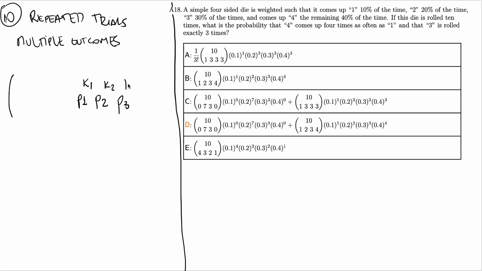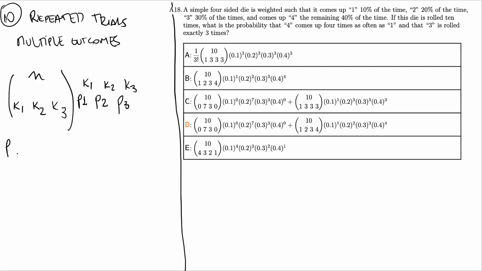Probability of the third outcome, K3 times. And you're actually grouping n trials into K1 times to be the first outcome, K2 times to be the second outcome, K3 times to be the third outcome. So this is the answer for this question.